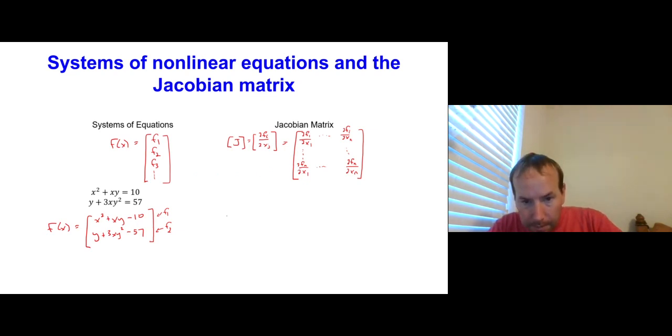So J equals, the first one is going to be df1, dx1. So we're looking at this and we're saying we're going to take the derivative of this term with respect to x. It's going to be 2x plus y.